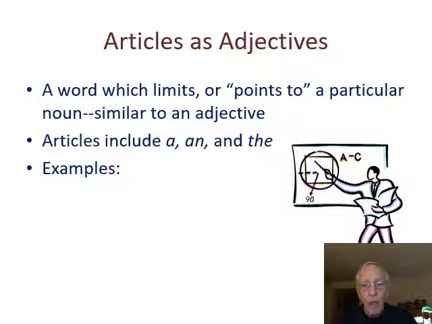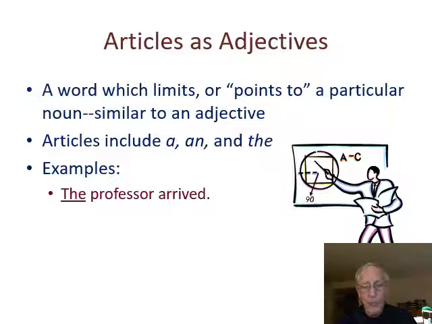Now, articles can also be adjectives. Not all grammarians agree with that. Some say that articles are a separate category in their own right. Others say that articles are adjectives because they point to particular nouns. So it limits, a word that limits or points to a particular noun is similar to an adjective. It includes a, an, and the.